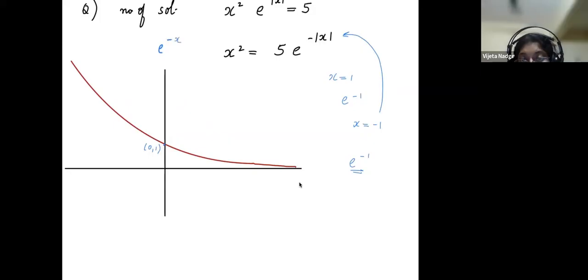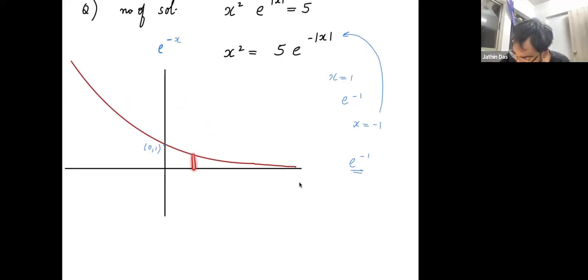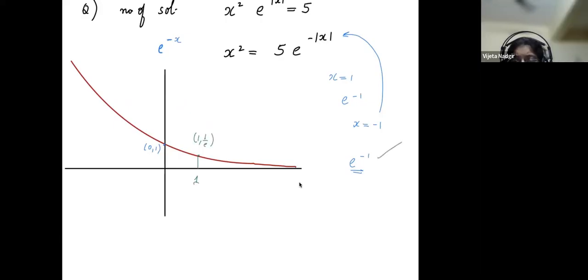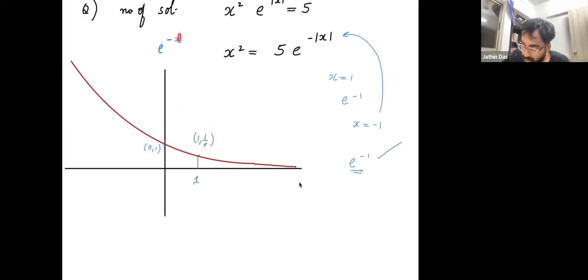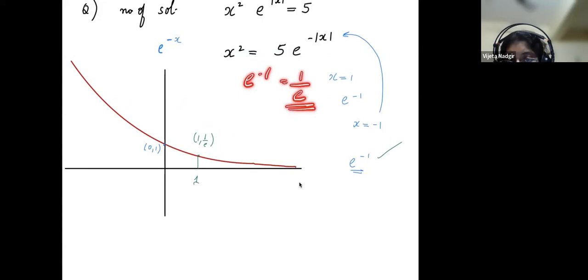Now, do you agree this is e raised to minus x? So when you put 1, what do you get value? मैं x is equal to 1 डाल रहा हूँ. I am getting 1 comma 1 by e मिल रहा है. You put x is equal to 1. E raised to minus 1, that is 1 by e.